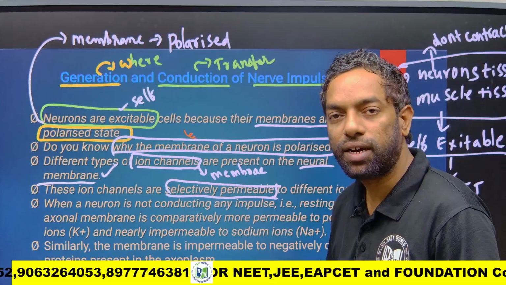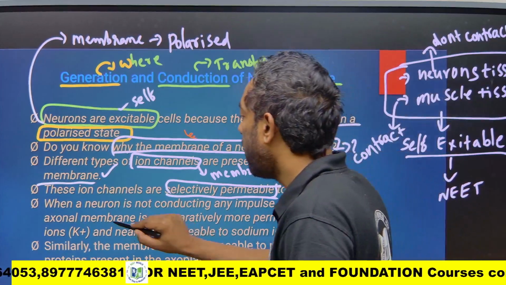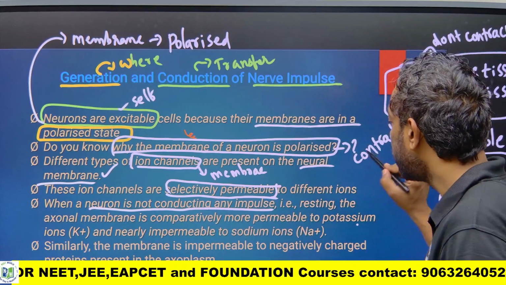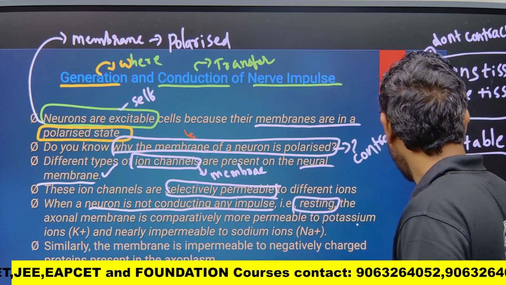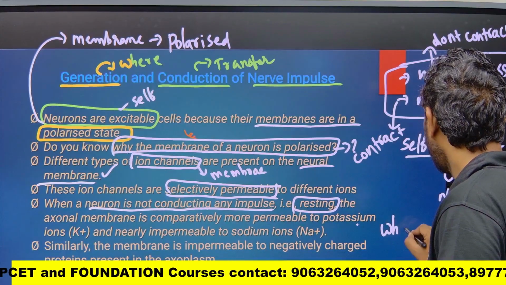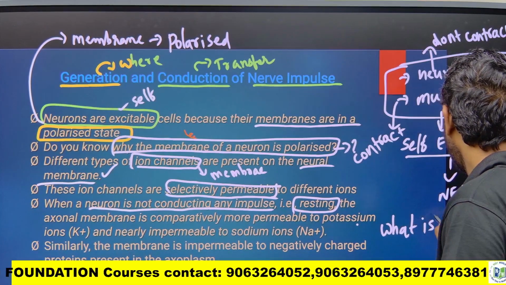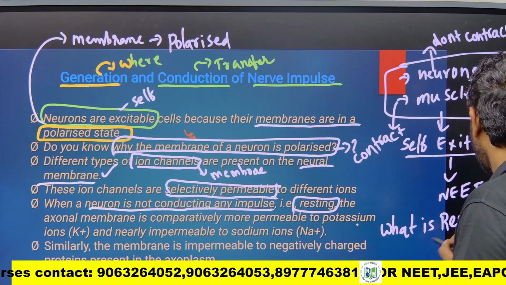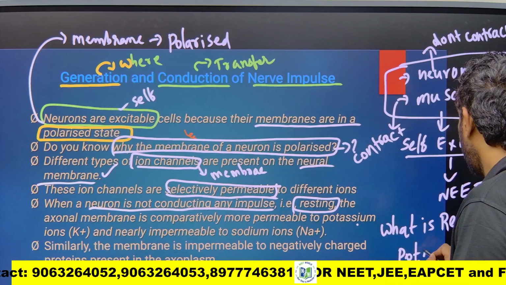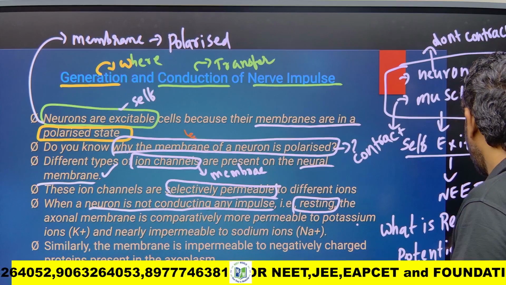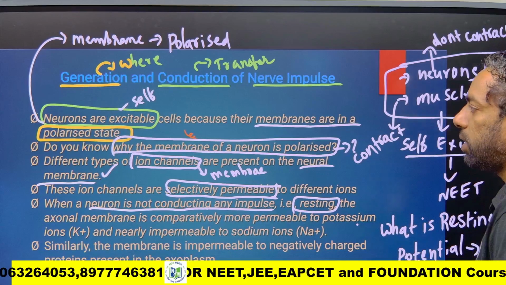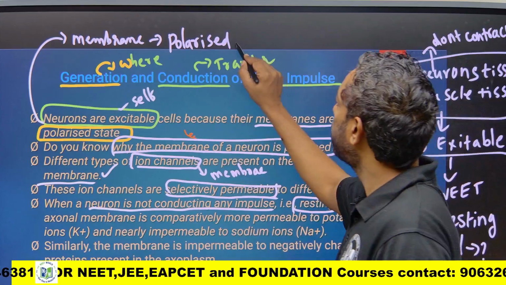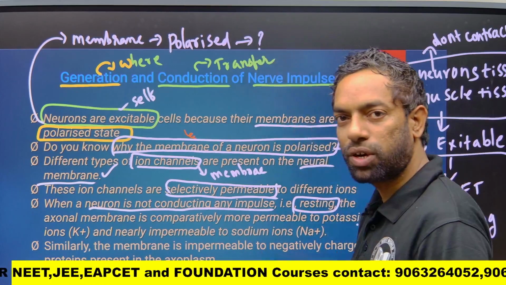When a neuron is not conducting any impulse, that is the resting potential. What is resting potential? We are going to discuss what the polarized state is and what the resting potential is.